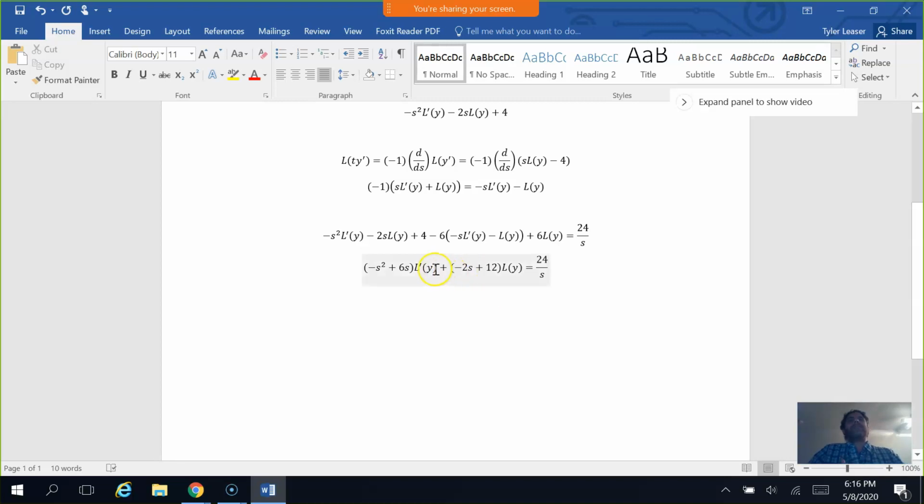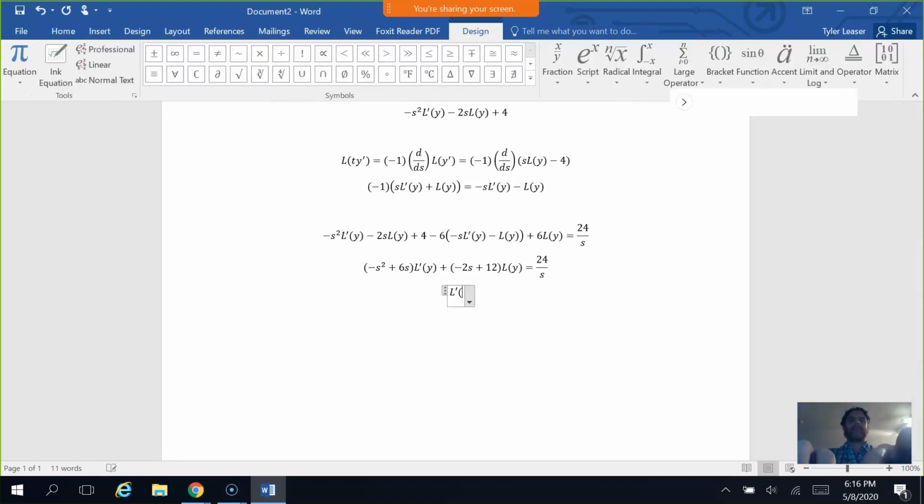Okay, and now we want to solve this for the Laplace transformation, which is kind of gross looking. This is now a linear differential equation with respect to the Laplace. So we have to get rid of this term by dividing it everywhere, on the right-hand side too.